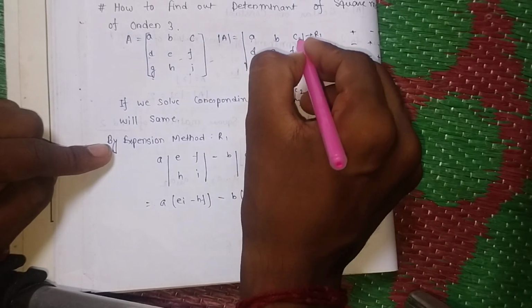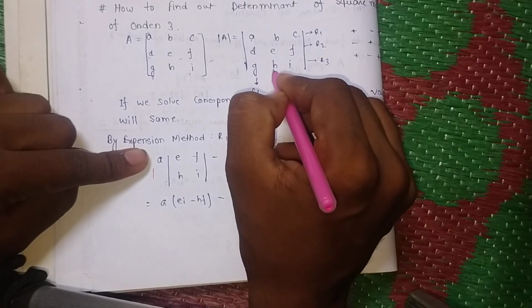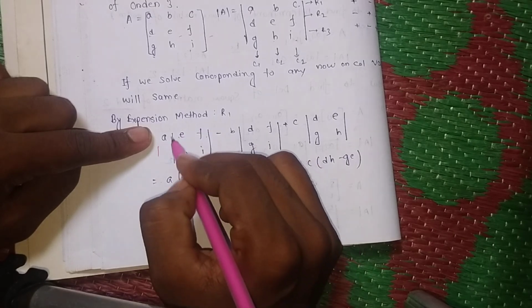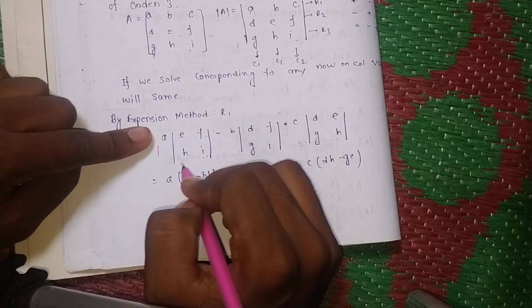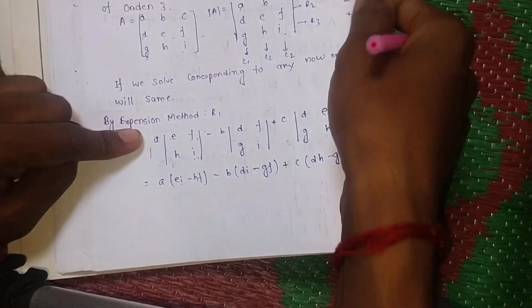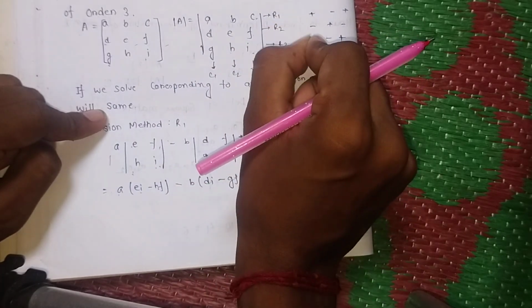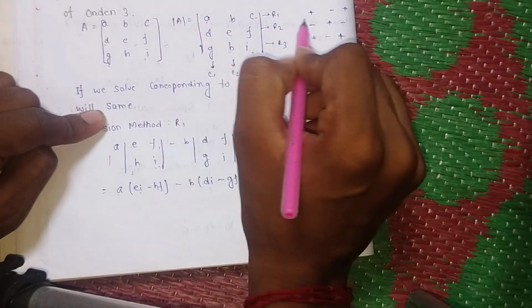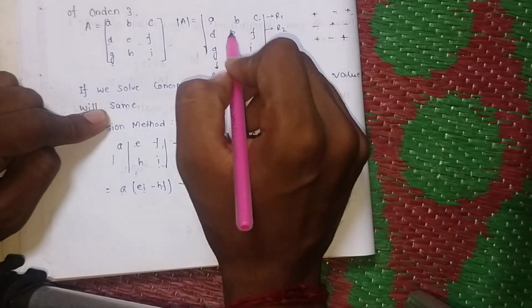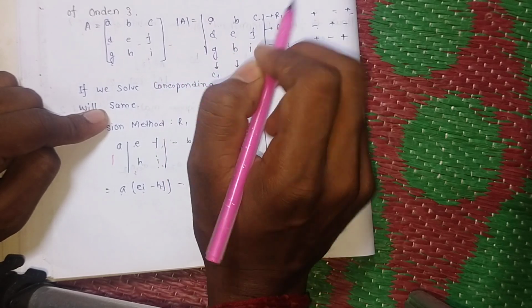If I take the first row, then a into its cofactor, that is the determinant of e, f, h, i. This is a second order determinant, that means ei minus hf, so a into (ei minus hf). The signs of the cofactors are: positive, negative, positive, negative, positive, negative, positive, negative, positive, like this.